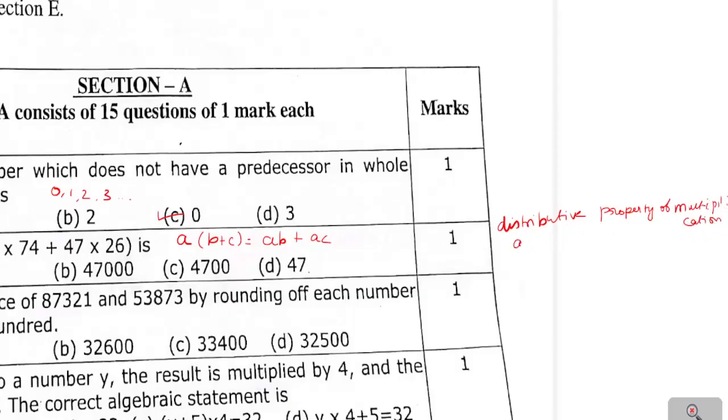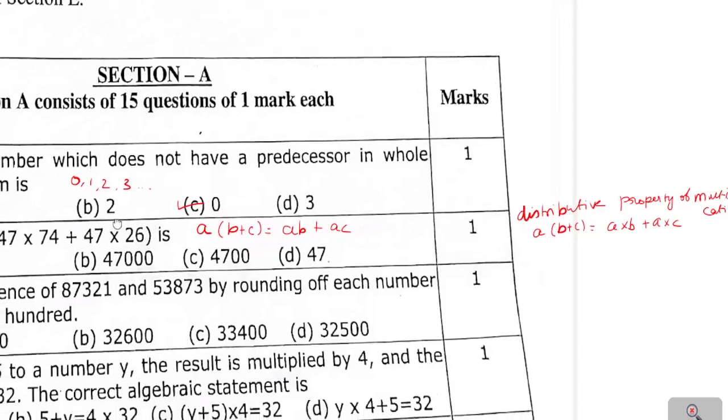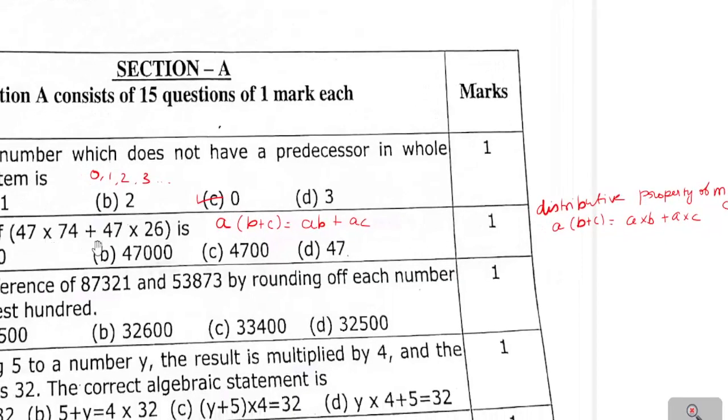So A into B plus C equals A into B plus A into C. So in the same way, the 47 into 74 plus 47 into 26, we can easily represent here.